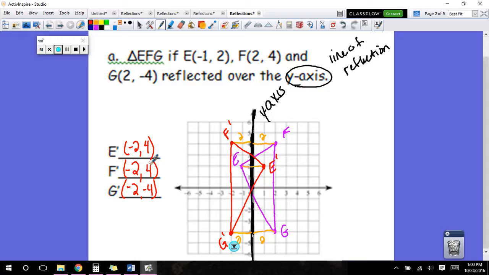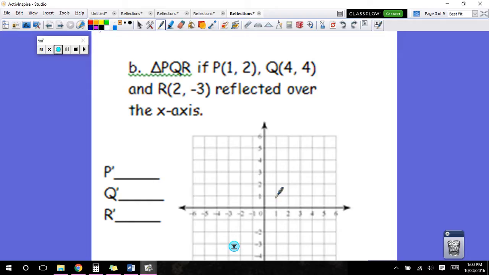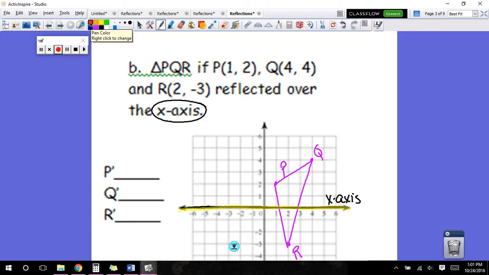Okay, I want you to try B. Careful, because I think our line of reflection has changed. Okay, so you're reflecting over the x-axis this time.